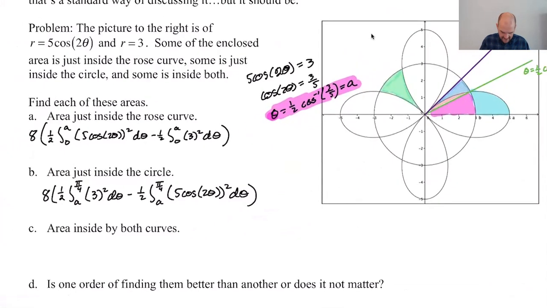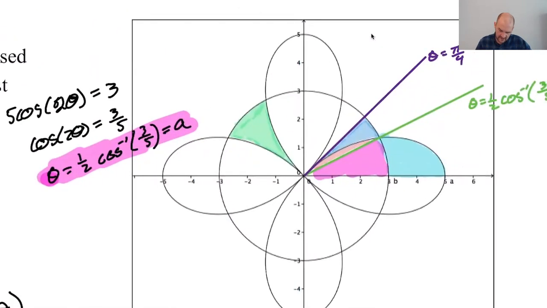And then the area that's inside both curves. So the area inside both curves, I think I can just do, so here's a region that's in both curves, would be like this. This is inside both curves.